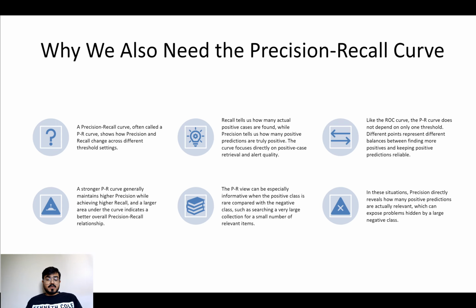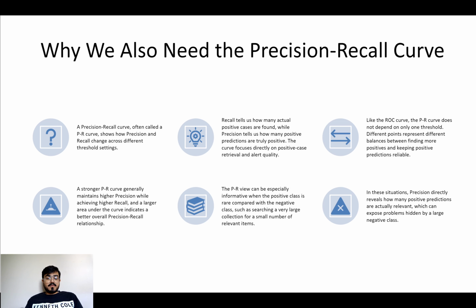The precision recall curve focuses on two metrics that we learned in the previous video, precision and recall. Instead of showing the relationship between the true positive rate and false positive rate, this graph shows how precision changes as recall changes when the decision threshold is adjusted.